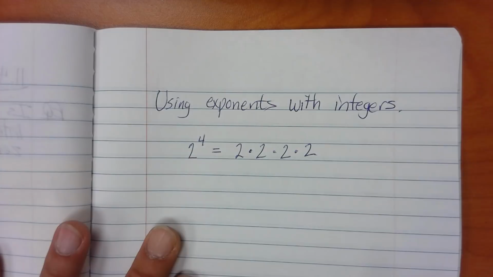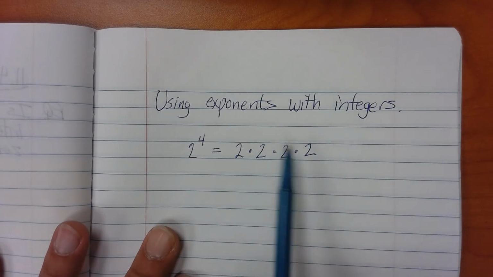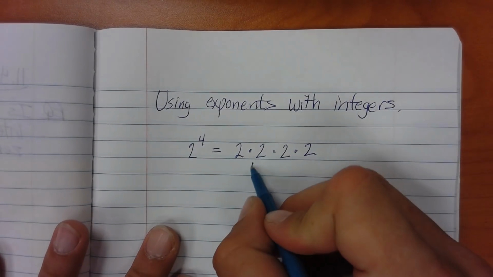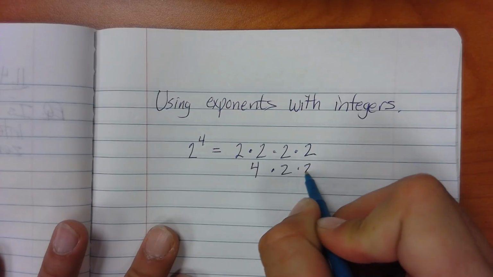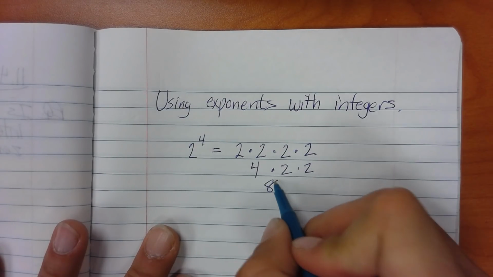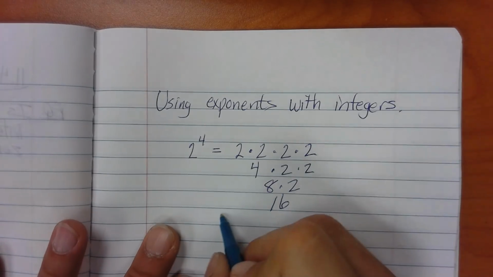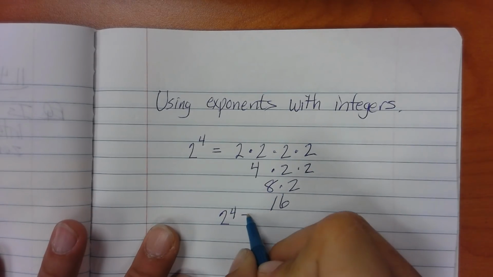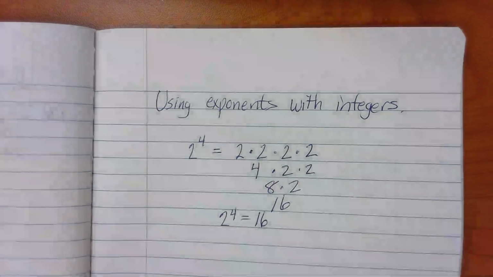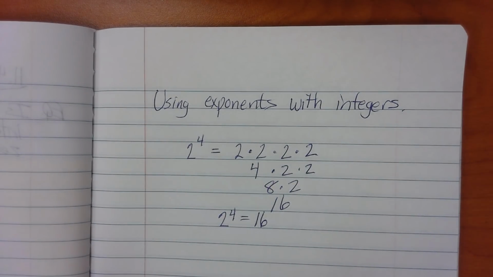And as we've done in class, we write it out, then we go one step at a time. 4 times 2 times 2, 8 times 2, and we end up with 16, right? So 2 to the 4th equals 16. Now with exponents, you have to really keep track and do this one step at a time.